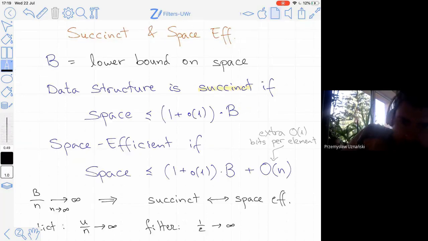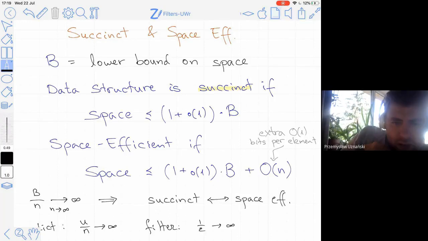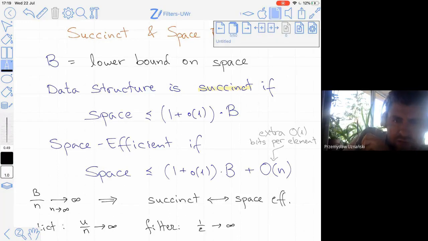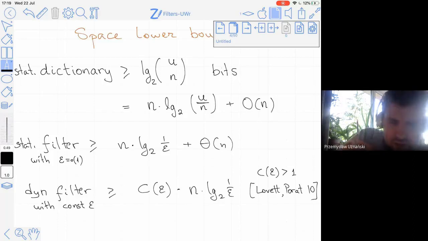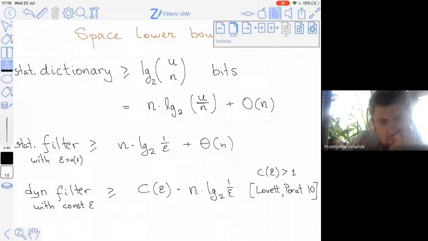Can I ask you a question? Sure. What's the intuition behind dynamicity costing us some extra constant? You mean in this lower bound? Yeah, the last one, yes. I don't remember. They do some kind of reduction to a dynamic graph problem, and they show some property there, but I do not remember the details of why making it dynamic increases, in some sense, the lower bound.